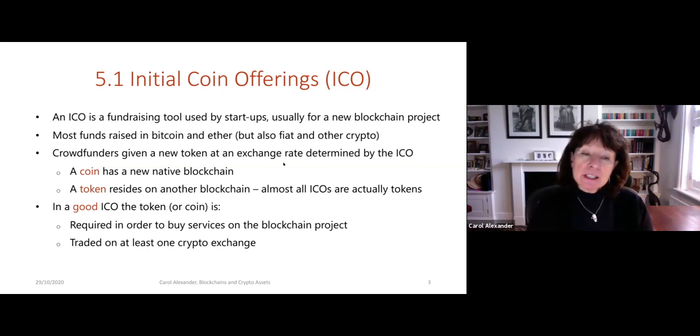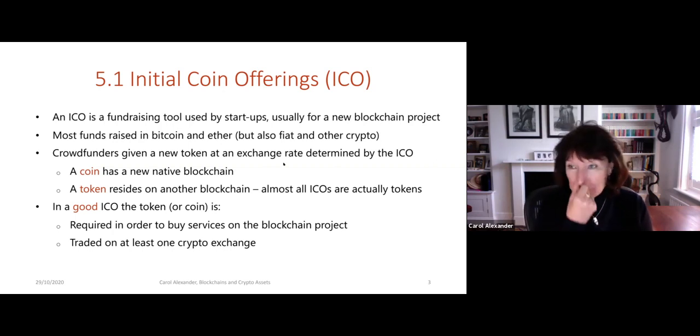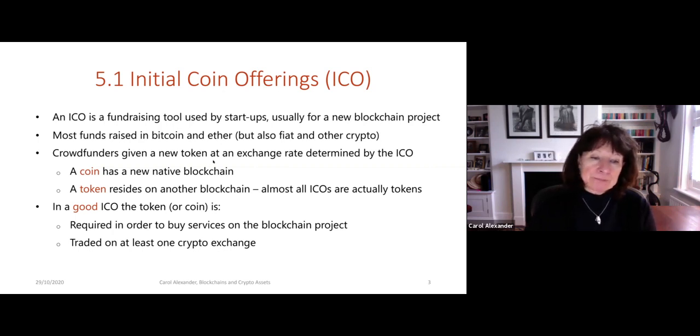But a token resides on another blockchain, and some tokens reside on lots of blockchains. Tether started off on Bitcoin, that's the Omni layer. Bitcoin itself doesn't have smart contracts. You need the second layer protocol, the Omni layer, to have the smart contract. So anyway, then it went to Ethereum and then Tron and lots of other blockchains it's using.